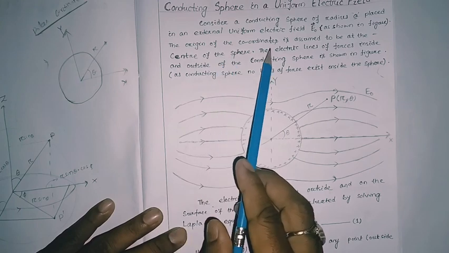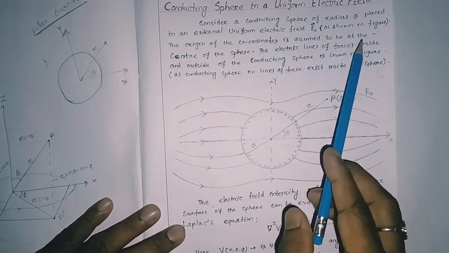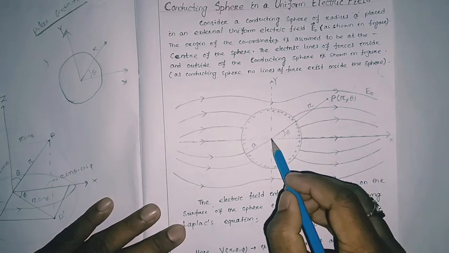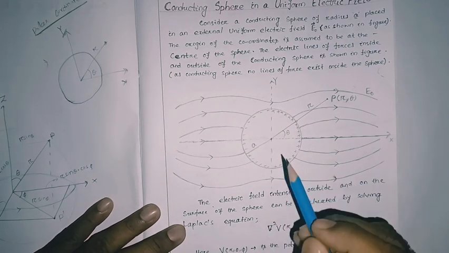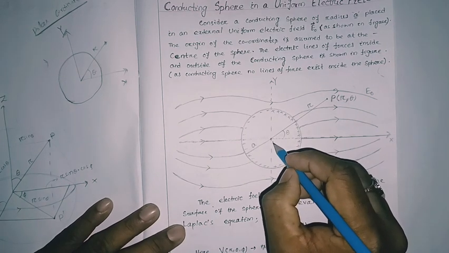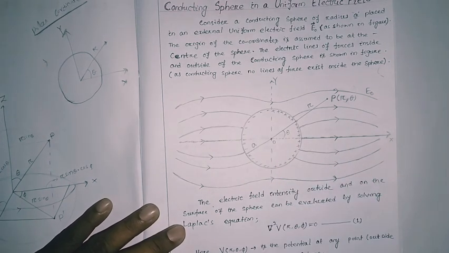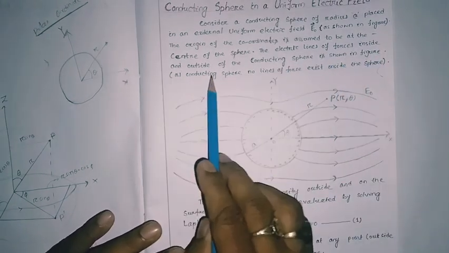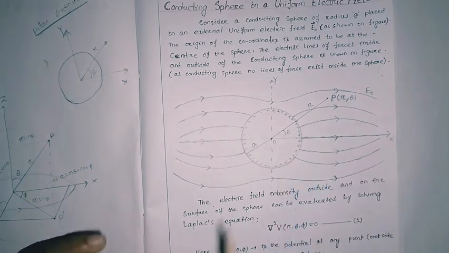The origin of the coordinates is assumed to be at the center of the sphere. This is considered as the origin of the coordinate axes. The electric lines of force inside and outside of the conducting sphere are shown in the figure.